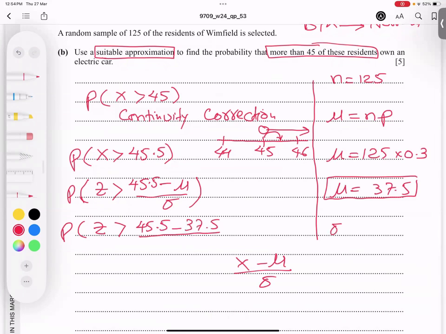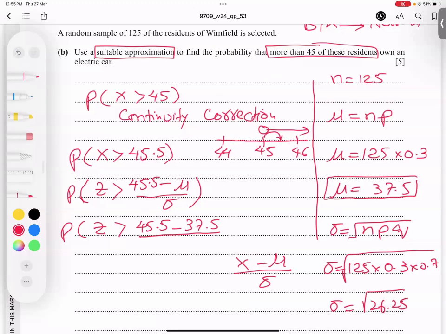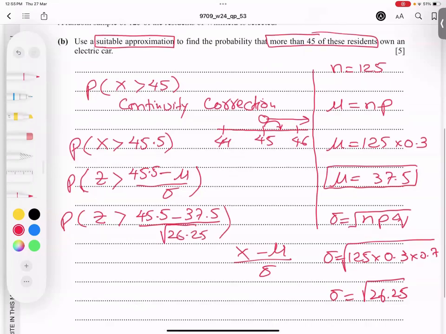Now what is the deviation formula? Root of NPQ. If I apply N is 125, P is 0.3, and Q we found in the previous part, we get the deviation, which is the root of 26.25. I believe you people are understanding very well.